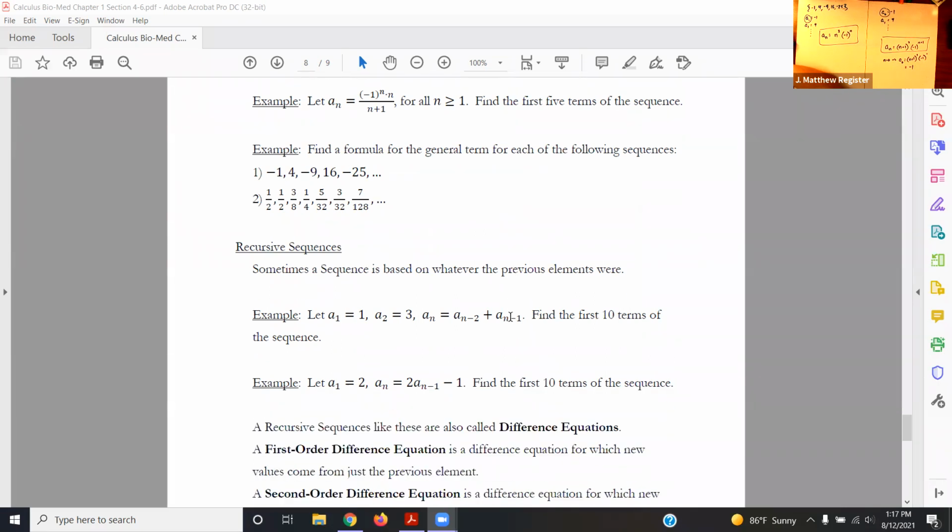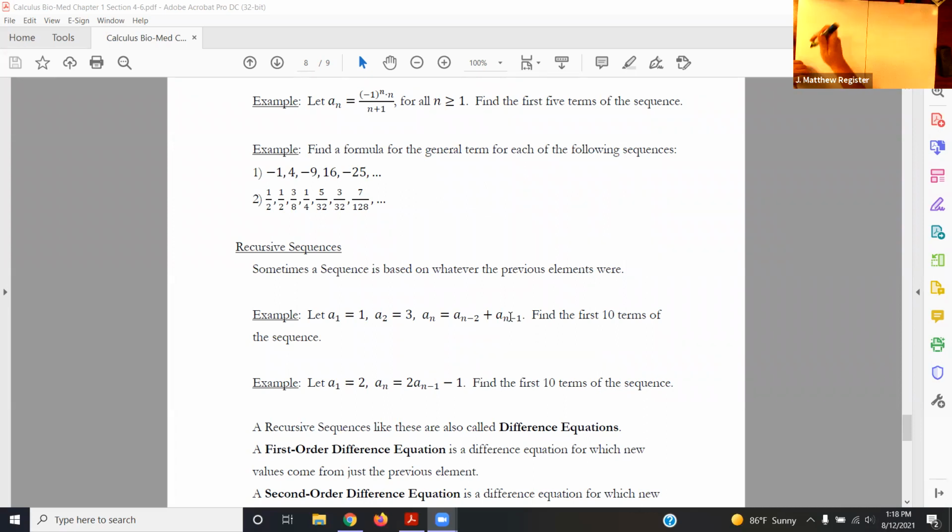All right, next up, we have the idea of recursive sequences. Recursive sequences are a little different. And so instead of having a nice formula, recursive sequences are actually tied to prior data, and so previous elements. And I've got a couple of examples here. The first one is actually dealing with starting with 2 values.